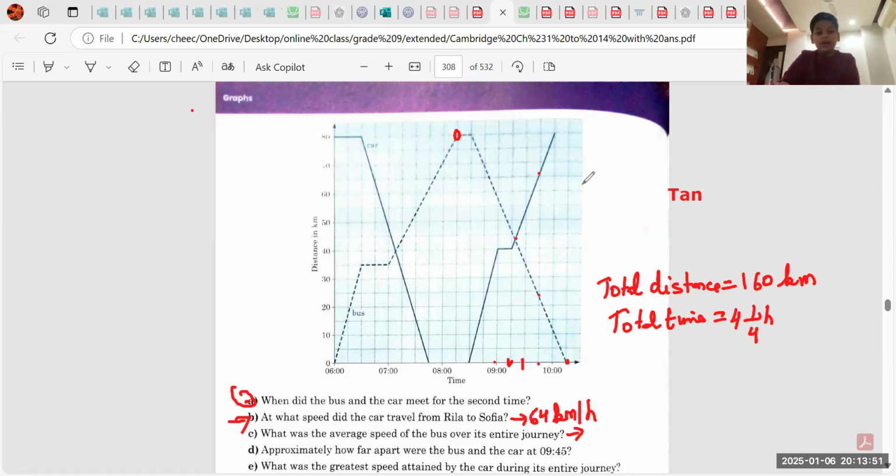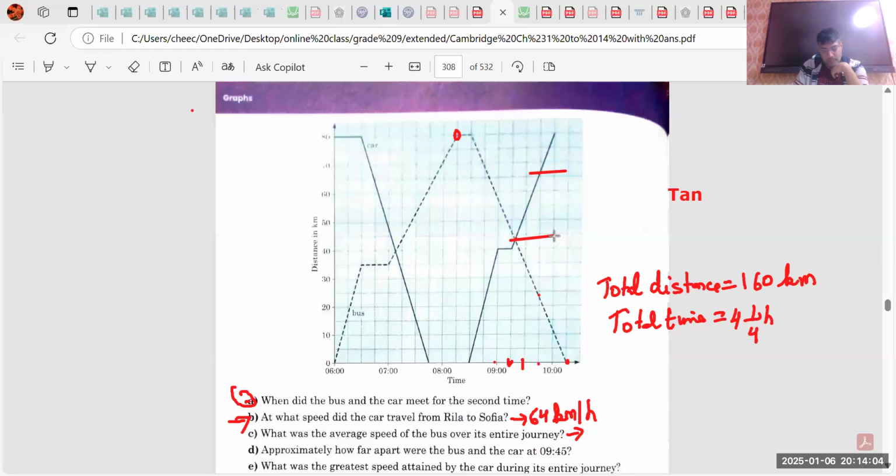Sir, how will I find how far were the bus and the car at 9:45? Subtract this, subtract these two.